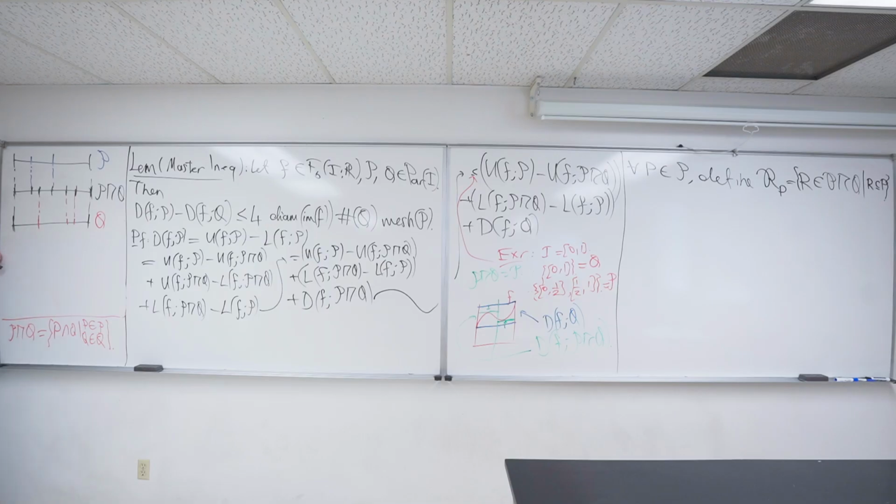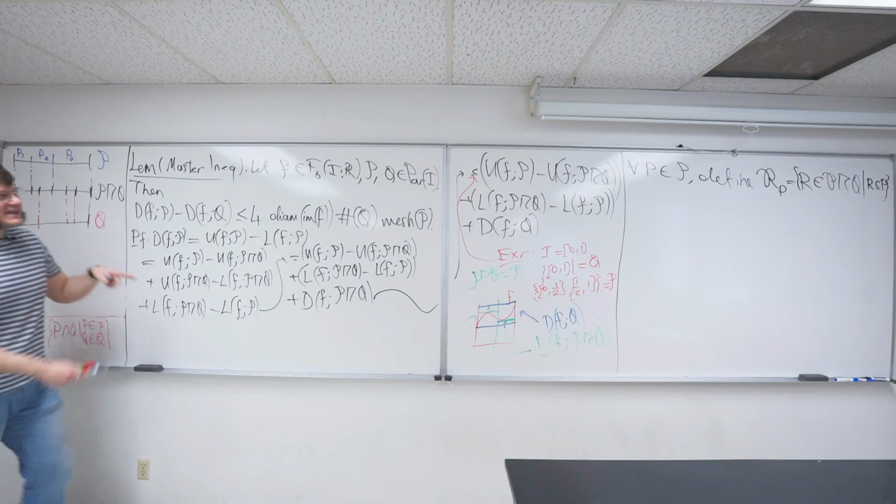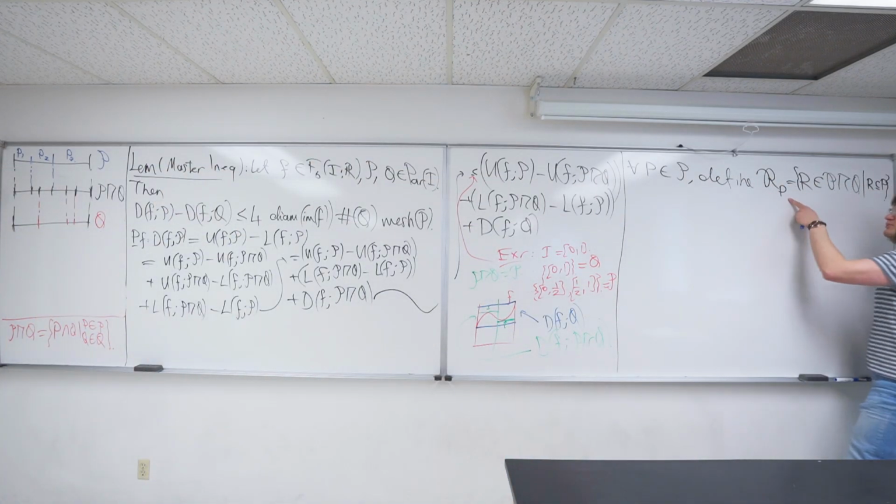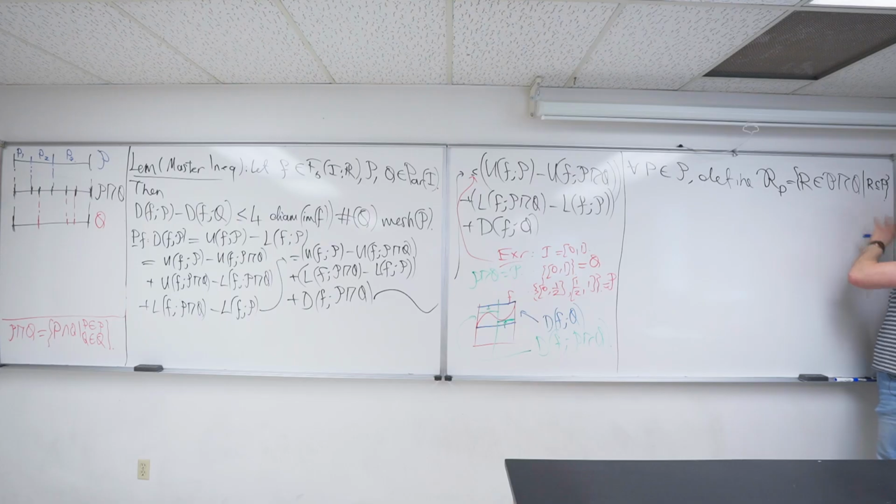So we start with P. This pixel is, let's call it P1, P2, P3. And so, for each pixel P in curly P, R sub P is going to be a collection of pixels in the coarsest common refinement.